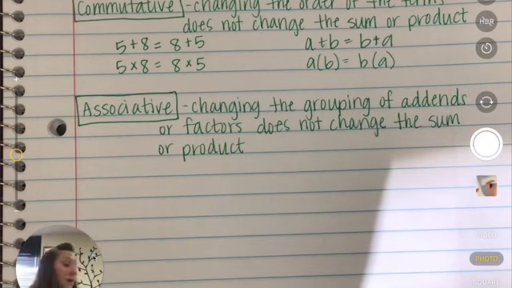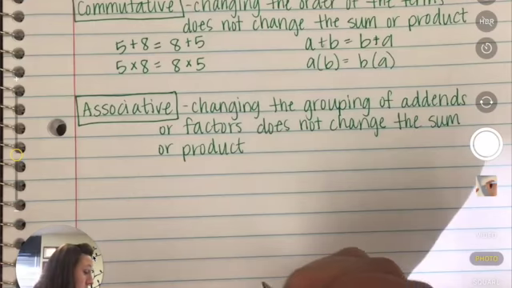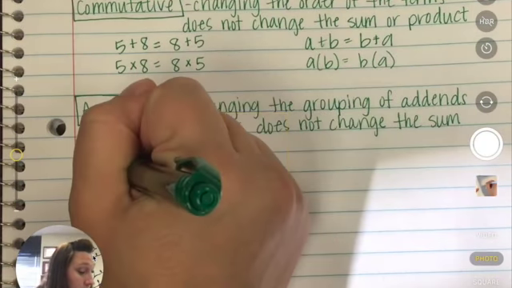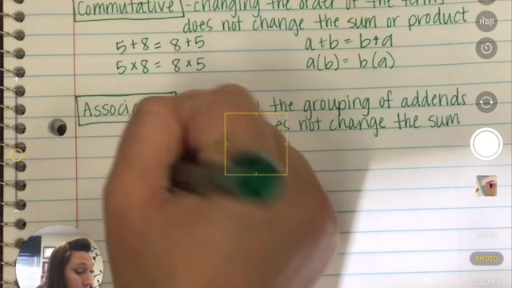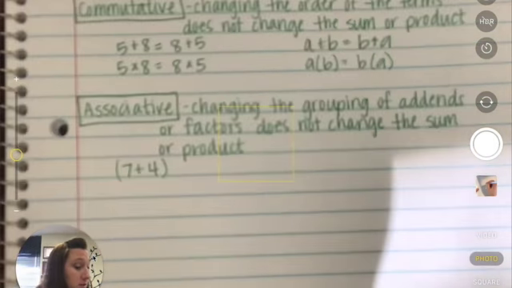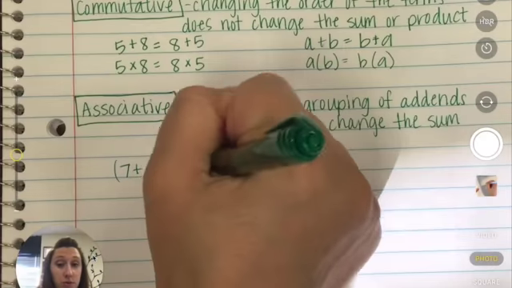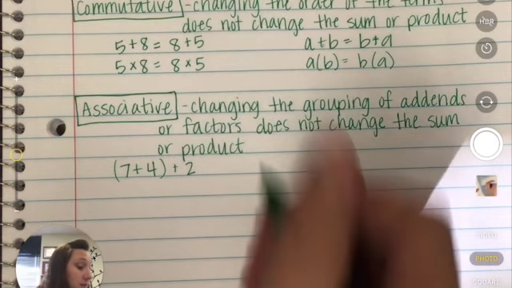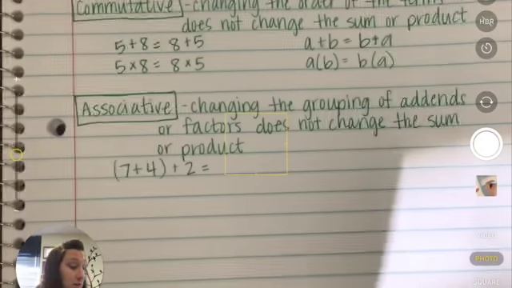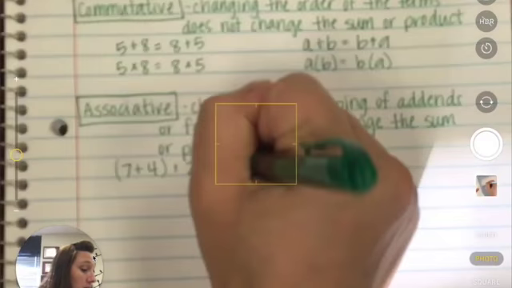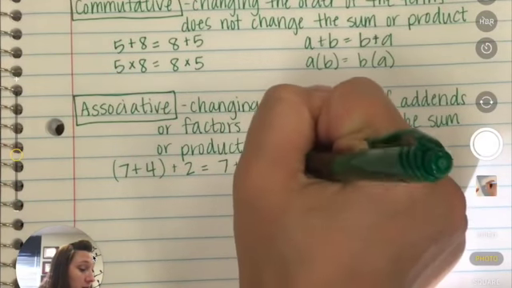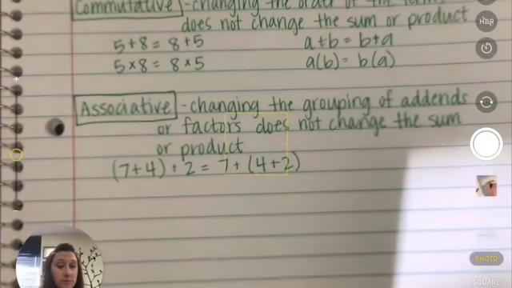So again, we'll look at some numerical examples, and then we'll look at some algebraic examples. So if I have 7 plus 4 in parentheses plus 2, that's the same as if I group together the 4 plus 2 instead.